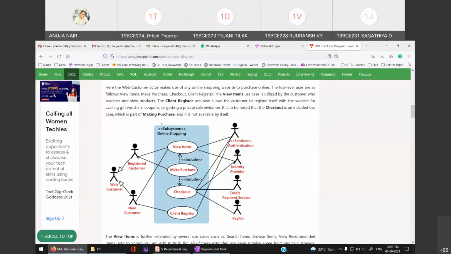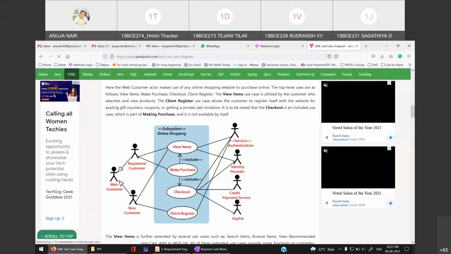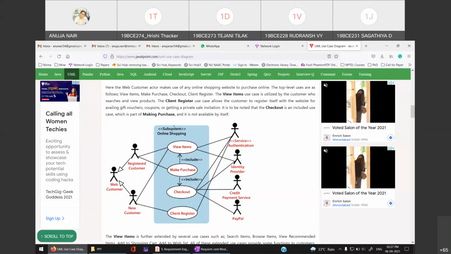What is the meaning of that? It means that if you have a software, your actors would be outside the software and your requirements would be inside the software. Your actual code, or the task performed by the software, would be a part of the software, and the users who are going to interact with it would be outside the software.